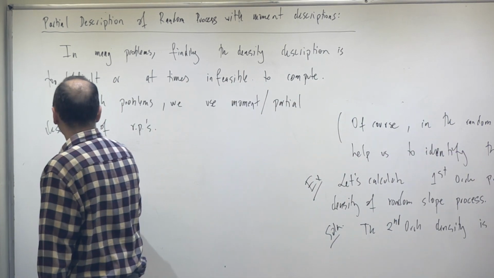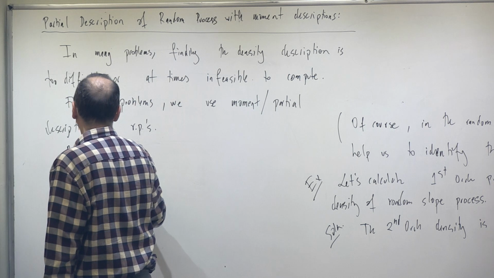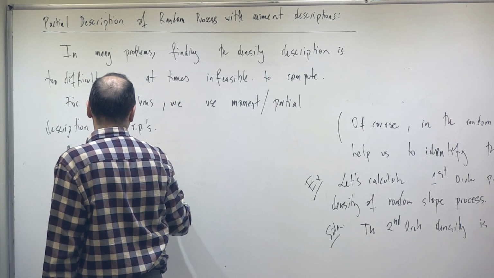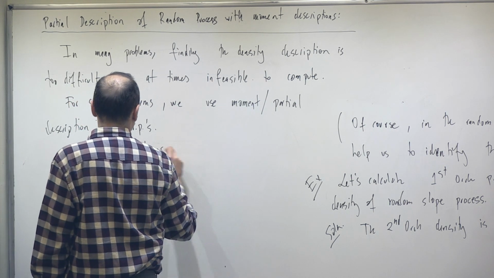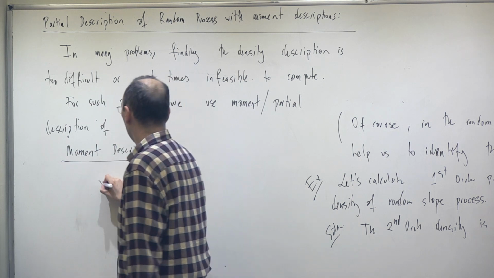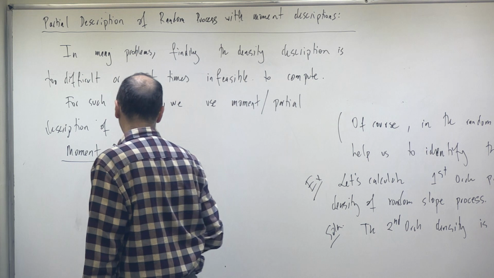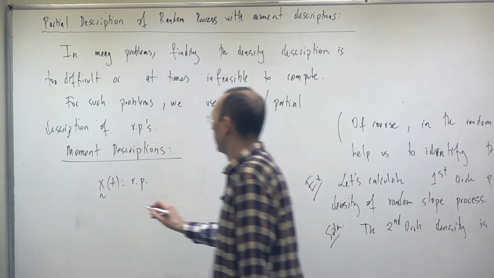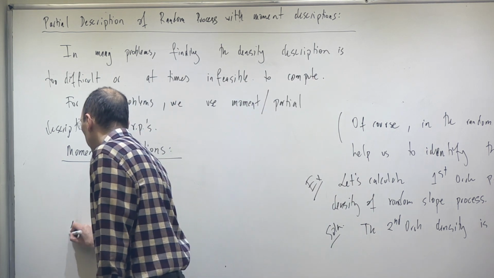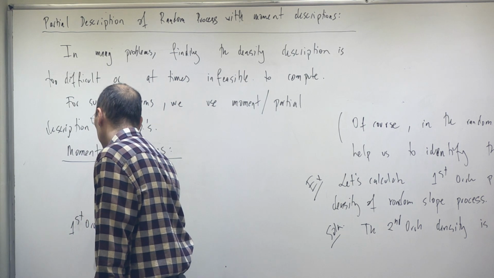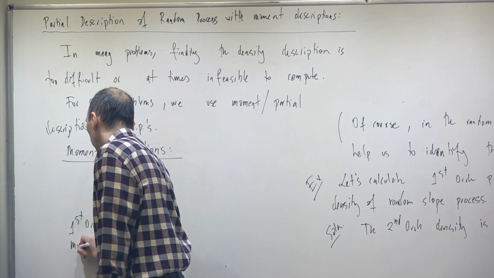You will see. Moment descriptions. So x of t is the random process. So let me write first order, again there are orders, first order moment description.